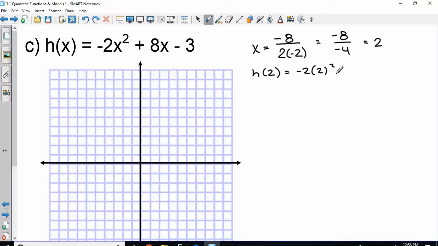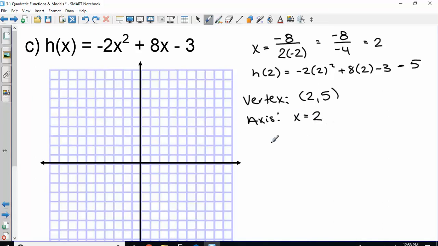Oh, I skipped the middle one, didn't I? Sorry, this is C. The vertex is 2, 5. Axis of symmetry is x equals 2.